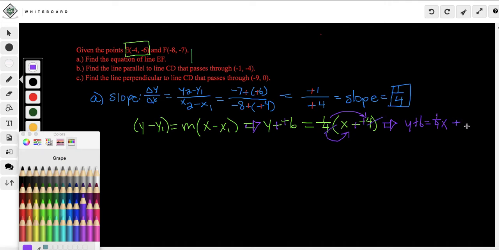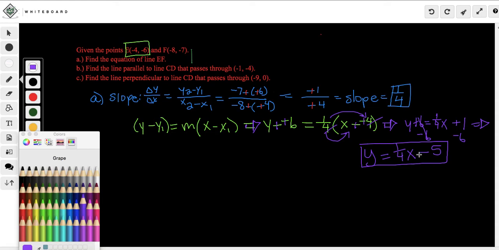So those 4's cancel out and we're just left with 1. Now we're going to subtract 6 from both sides. So our formula, this is going to cancel out, will be y equals 1/4 x. And then plus 1 minus 6 will be minus 5. So our formula for our line will be y equals 1/4 x minus 5.